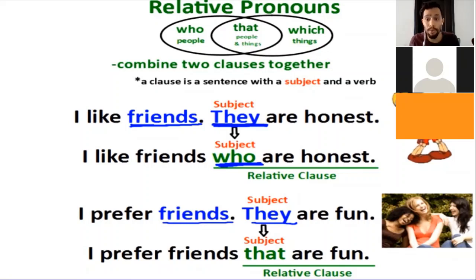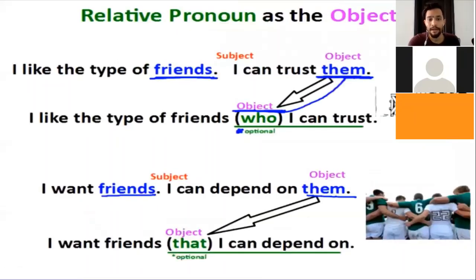We need to know who is doing the action, right? So that's why here they need to be used obligatorily. But here, as they are not the subject of the sentence, they are the object, you can go ahead and omit it if you want to. So you have two options, again, I repeat. You can either use them or not use them.